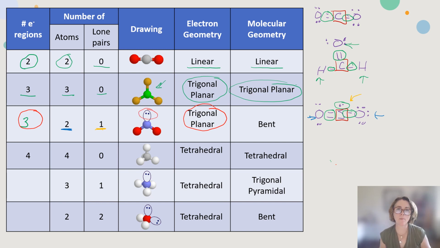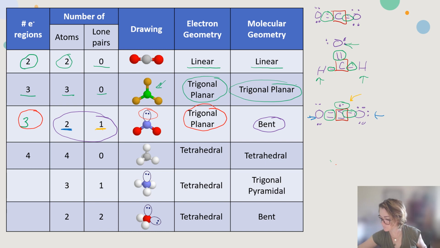All right, so that lone pair is going to influence that electron geometry and make it trigonal planar. But it is the number of atoms and lone pairs on that central atom that are going to determine the overall shape of the molecule. And since I have 2 atoms and 1 lone pair, that is going to make this molecule bent.